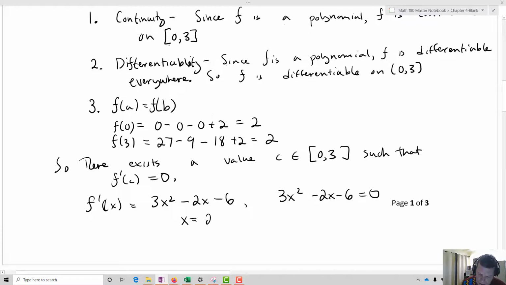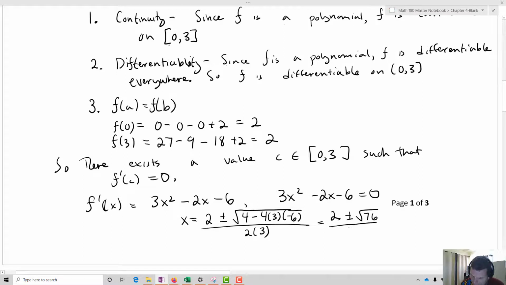So x is going to equal 2 plus or minus the square root of 4 minus 4 times 3 times negative 6, all over 2 times 3. So this is going to give me 2, and this is 4 minus 12, so 4 plus 72, so this is going to be plus or minus the square root of 76 divided by 6.